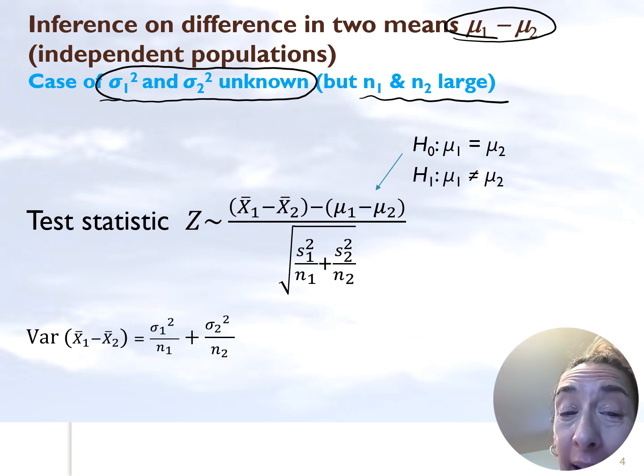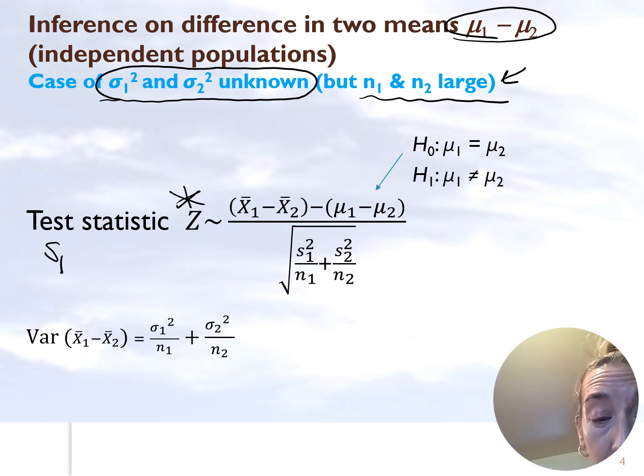In that case, we can still use z as our test statistic, or the z distribution. The reason is that when our sample sizes are large, our sample standard deviation is a very good estimate of our population standard deviation.